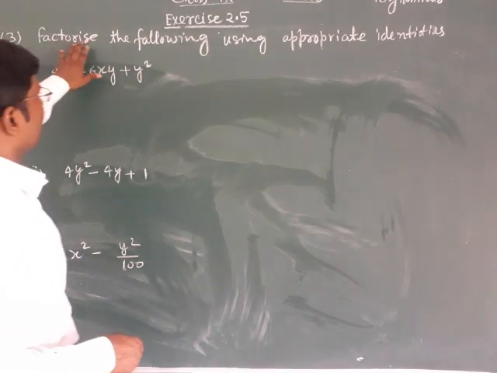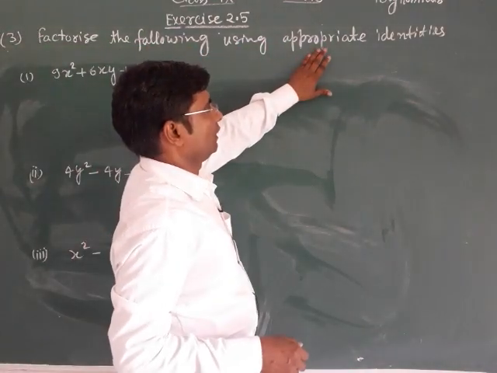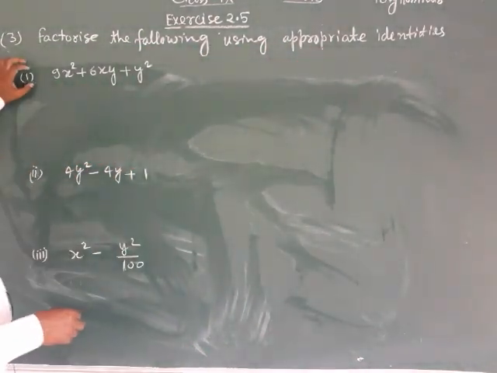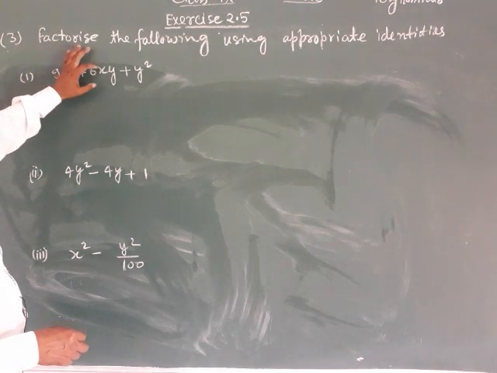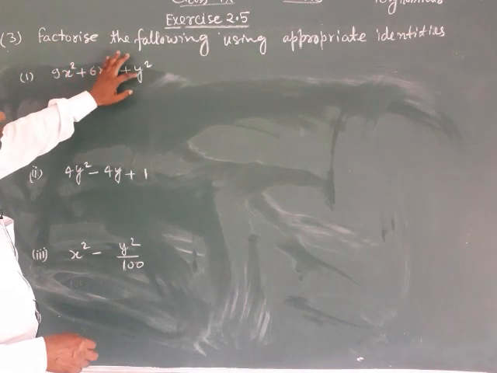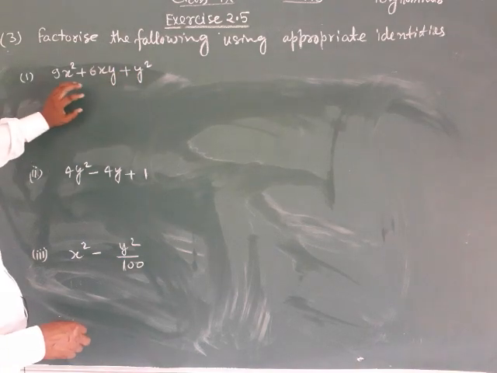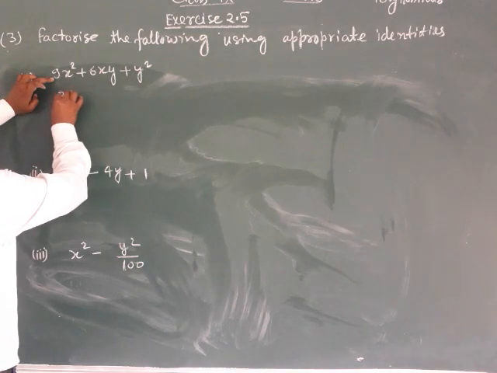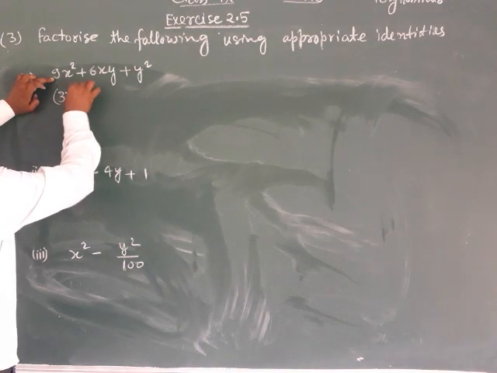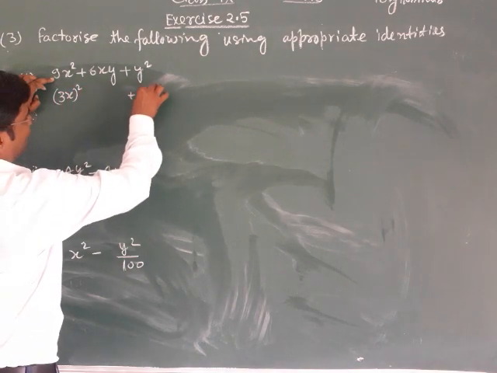Question number 3, factorize the following using appropriate identities. So question number first, taking the first part, 9x square plus 6xy plus y square. Now make squares: 3x square and plus y square.